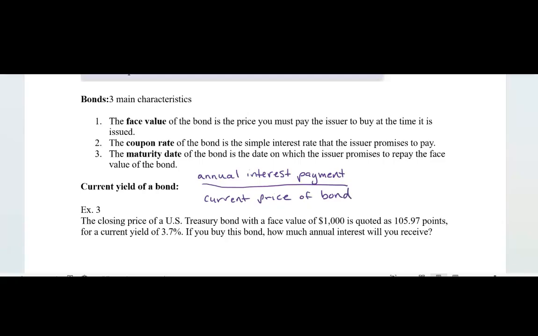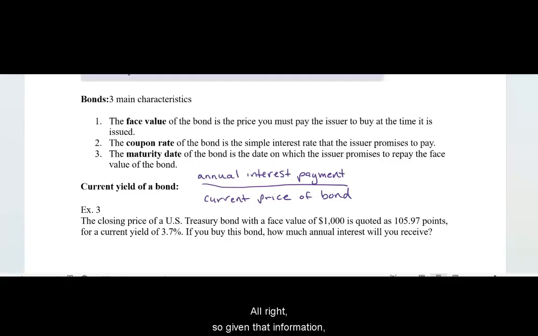Because remember, the price of the bond changes. It has a maturity date, but as the years go by, there's going to be a current price that you can check on each time. So if you want the current yield of a bond, you're going to take the annual interest divided by the current price of the bond.